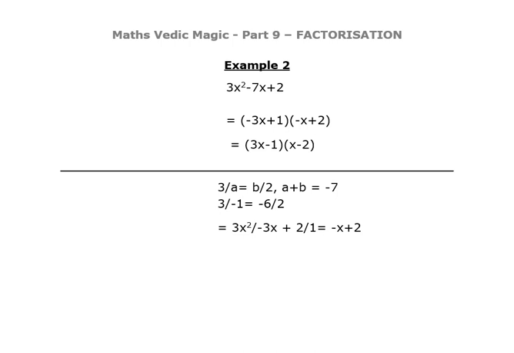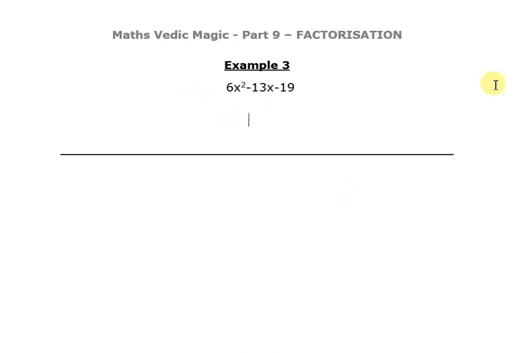So here, let's do the same thing. What we are looking at is that 6 divided by a shall be equal to b divided by minus 19, wherein a into b shall be equal to minus 13.